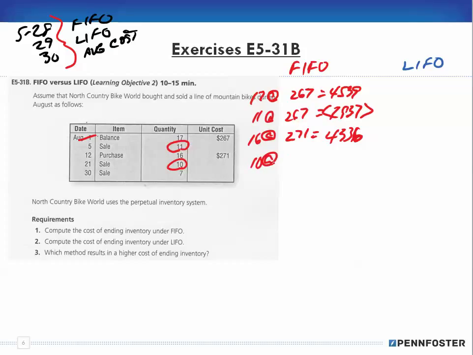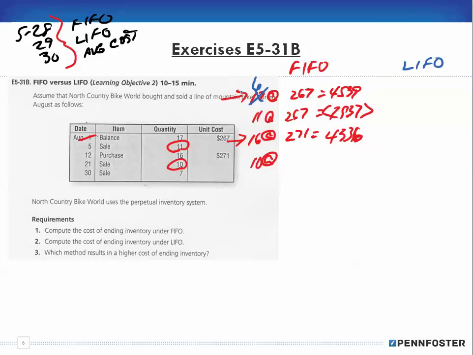Now the question becomes, 10 at what? Here I had a beginning balance, and then I make a sale of 11, so I only have 6 of these left. Then I bought more, so now I have 6 of these and 16 of these. But now I'm selling 10, and I'm using first in, first out. Think about the refrigerator.